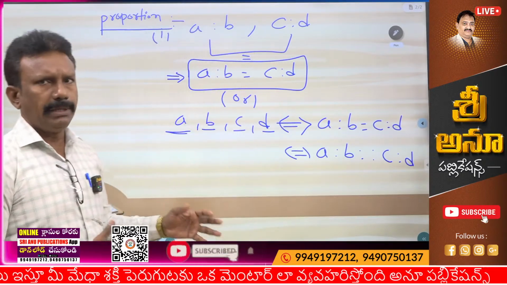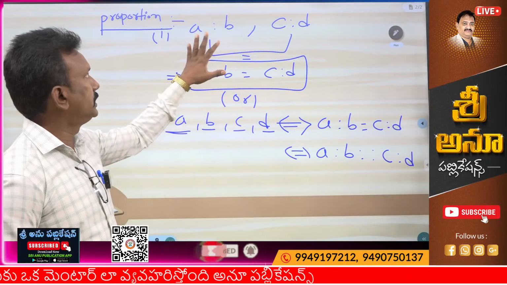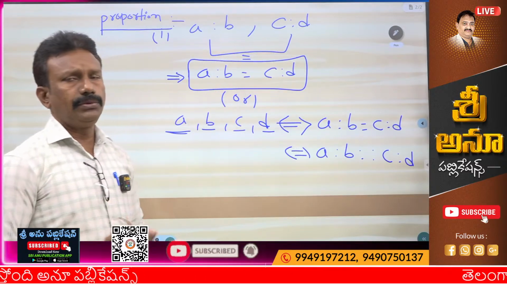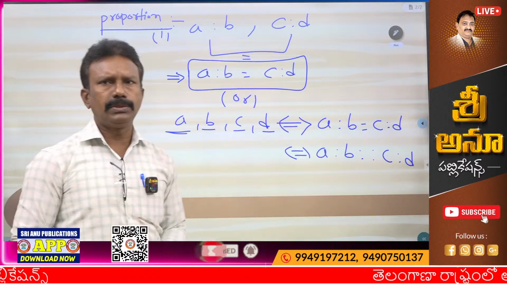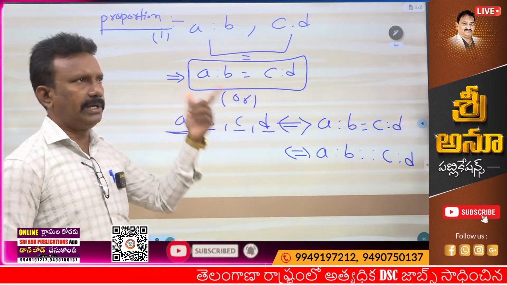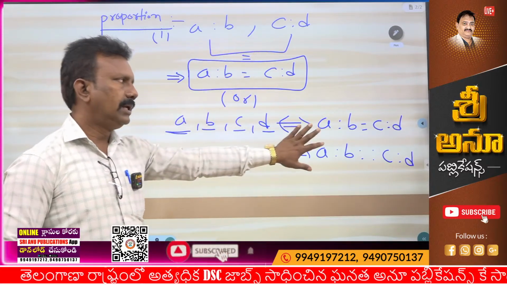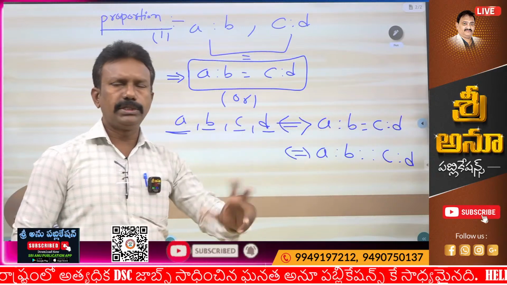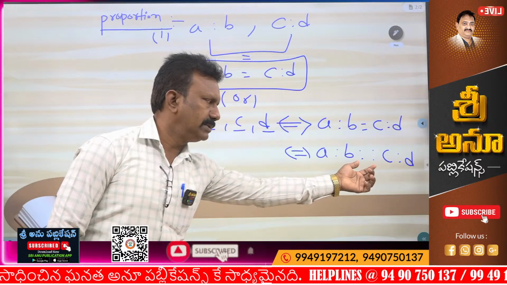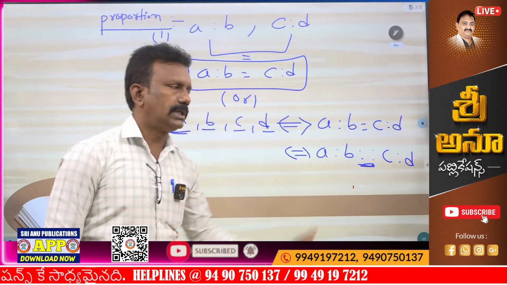This is the definition of proportion: equality of two ratios. So if A, B, C, D are in proportion, we can write A is to B equal to C is to D, or use the four dot symbol, representing that these ratios are in proportion.